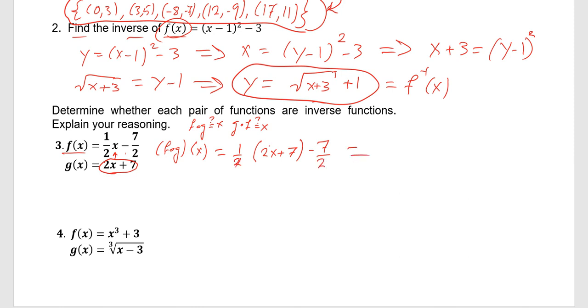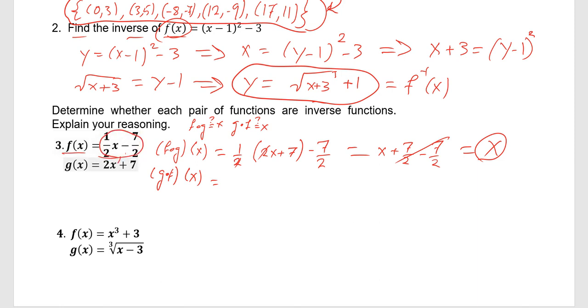Which is equal to, 2 cancels with 2, and then 7/2, so you get x plus 7/2 minus 7/2, which is just x, right?